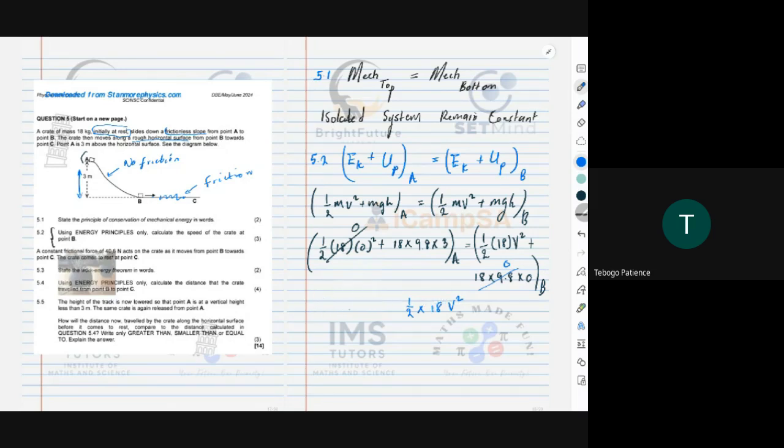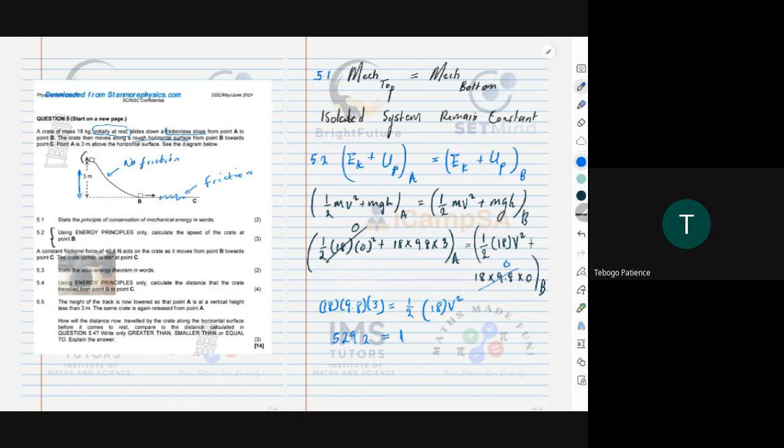Or I can put it in this manner. Okay? Then from this you can get your v squared here. So let's punch in the calculator, 18 times 9.8 times 3. We have 529.2 equals to, this is gonna be 9 actually.